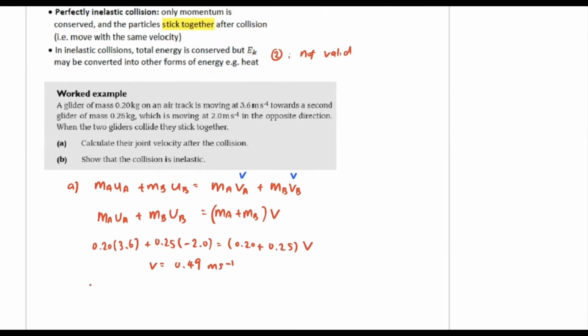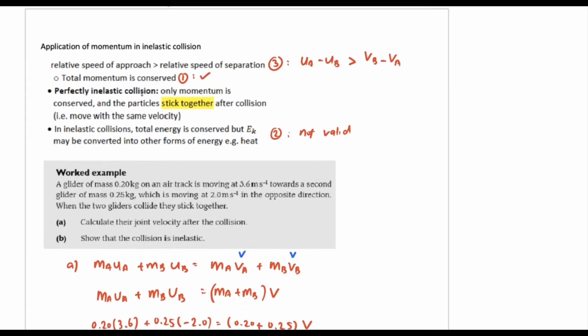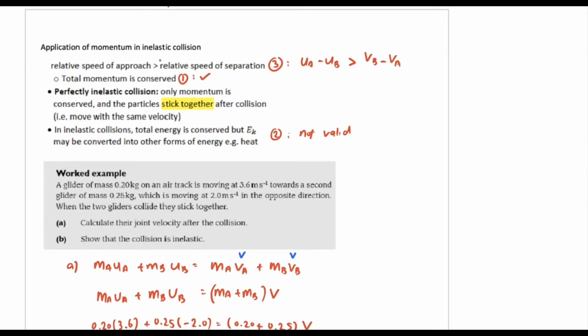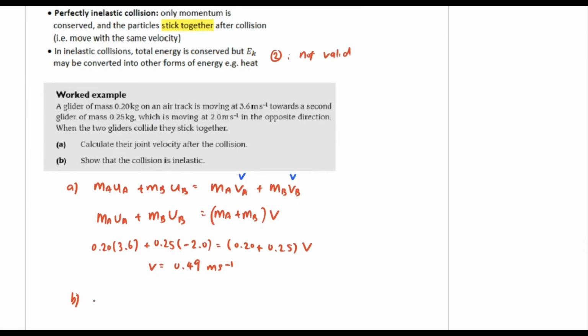Now part B. Show that the collision is inelastic. You can show that UA minus UB is greater than VB minus VA. UA minus UB is 3.6 minus negative 2.0, which is 5.6.